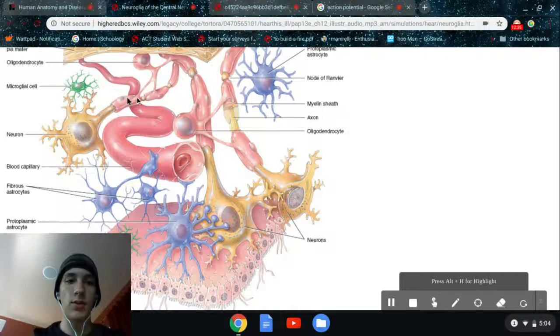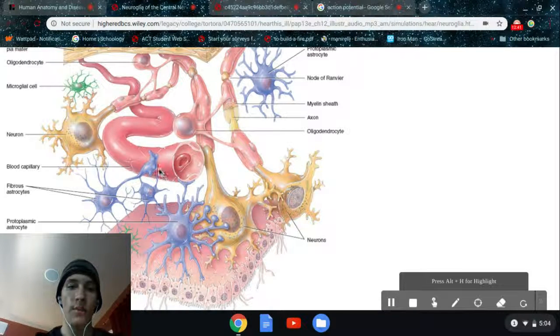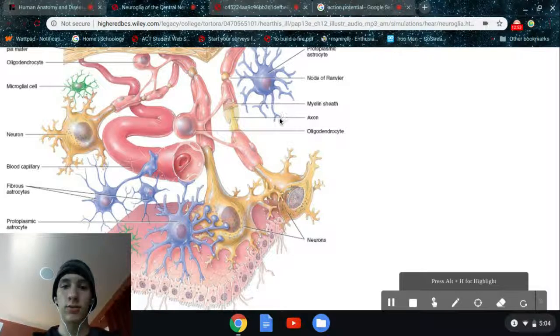They keep your blood a lot more sealed than it is elsewhere in your body. See, in these vessels, it's all closed up, whereas if you remember in our cardiovascular unit, it's a little bit more spacey when it comes to the capillaries, but your cranial capillaries are really sealed up, letting only oxygen through and only things that these cells have gates for.